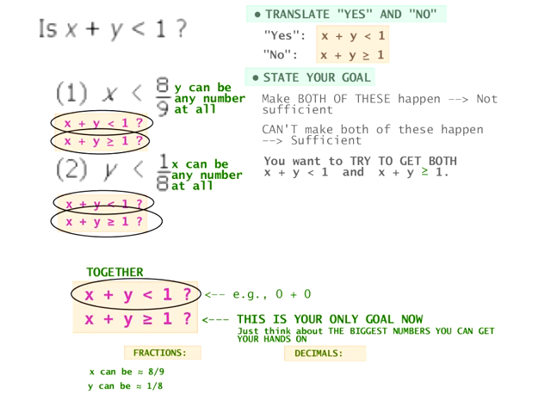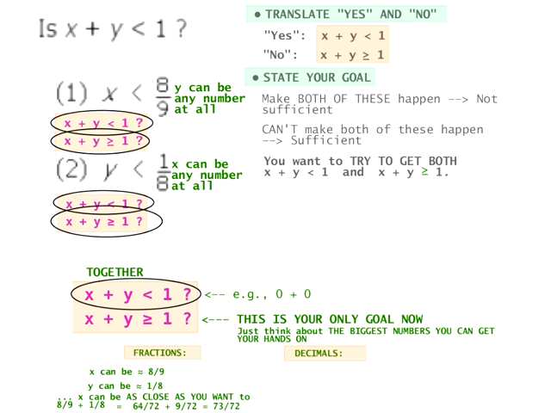So, therefore, x plus y can be as close as you want to 8/9 plus 1/8. If you think about a common denominator, that's 72, so that's 64 over 72 plus 9 over 72, which is 73 over 72.